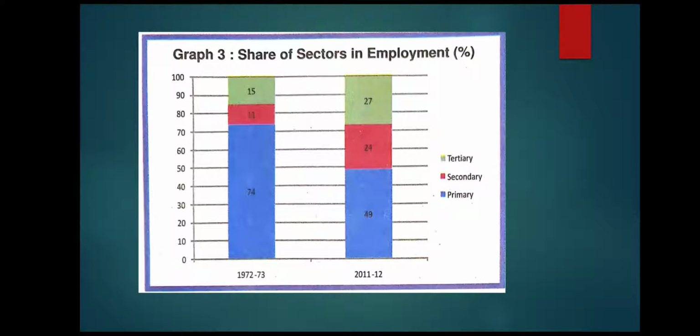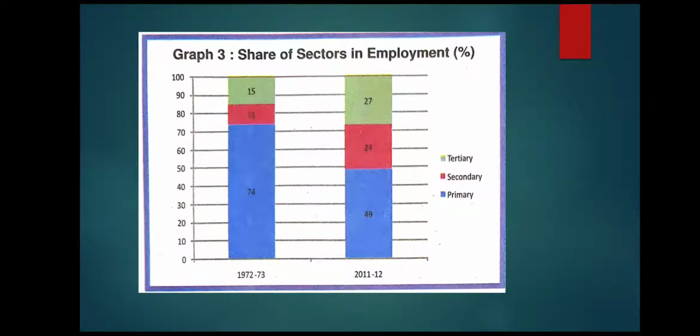Only 11% were employed in the secondary sector, and 15% were employed in the tertiary sector. But this trend changed in 2011-12, as we can see here. Now in the primary sector, there are about 49% of people working. In the secondary sector, 24% of people are working, and in the tertiary sector 27% of people are working.